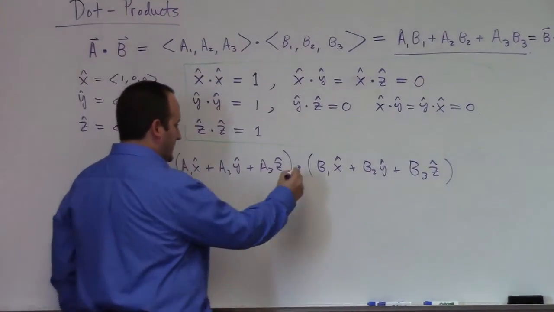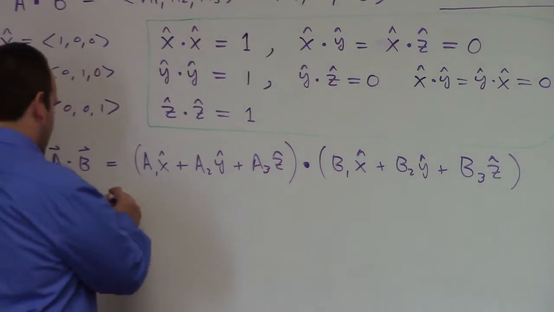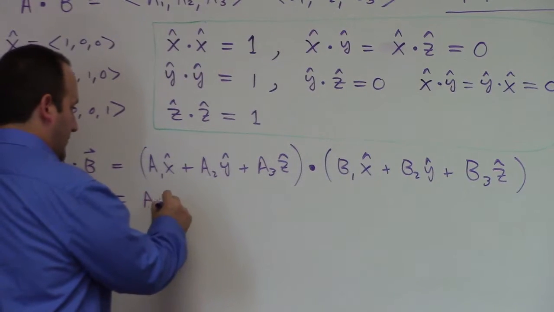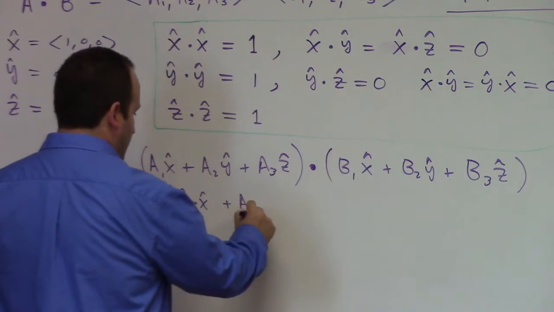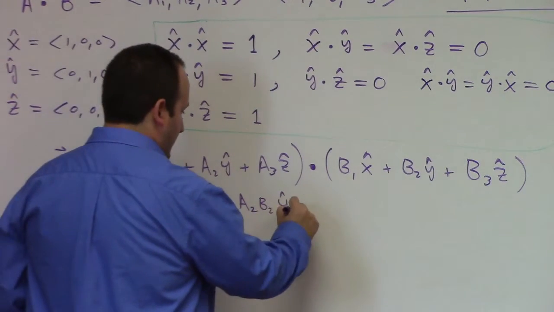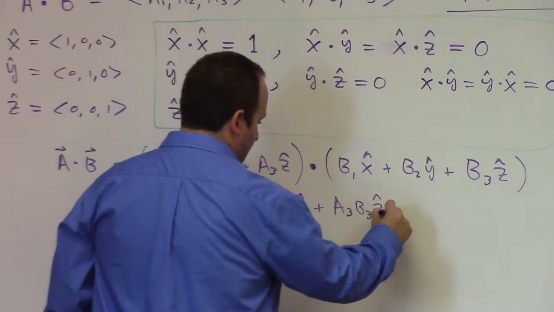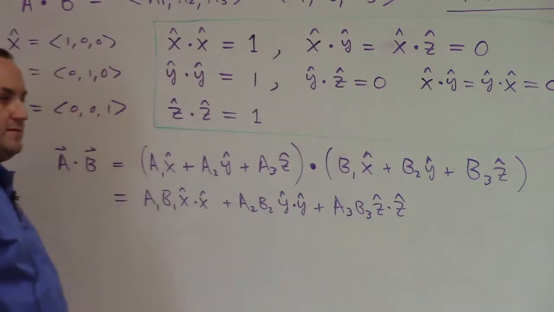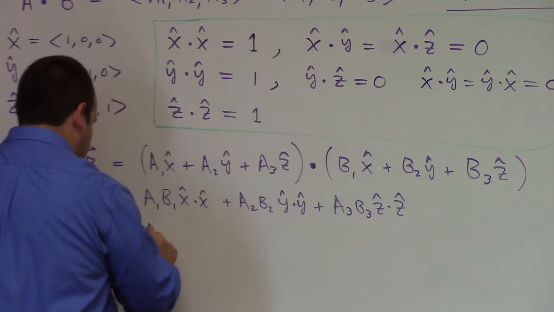Whatever this dot product is, it should obey the usual distributive laws. Then this works out to a1 b1 x hat dot x hat plus a2 b2 y hat dot y hat plus a3 b3 z hat dot z hat plus other stuff. But all that other stuff has dot products of either x hat and y hat, x hat and z hat, or y hat and z hat. All of those are 0, and all of these are 1, and there you go. That's back to this again.